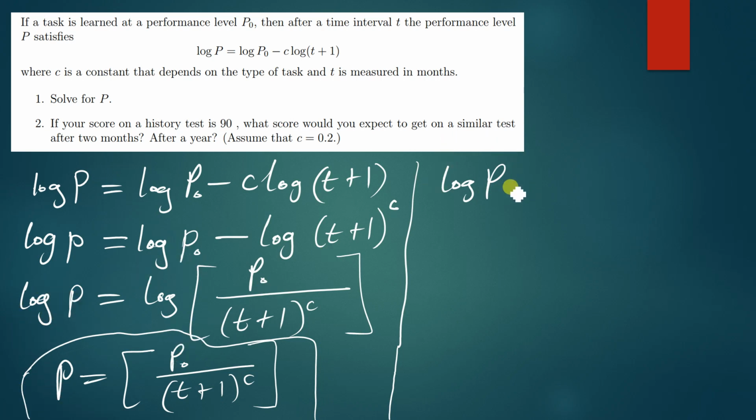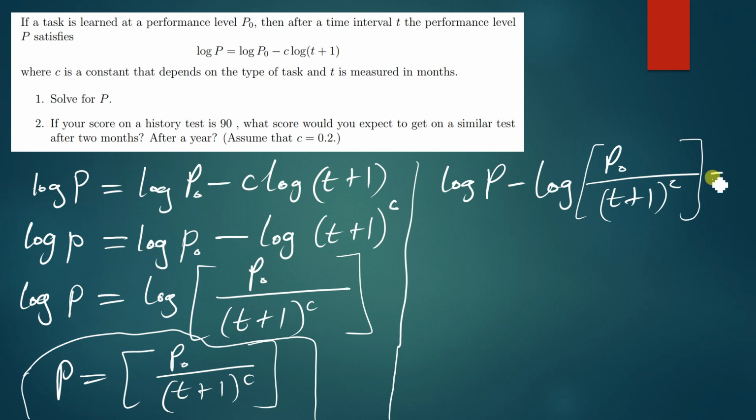So we are saying log P minus log P0 over (T plus 1) to the power C. This will be equal to 0 because we have taken this part to the other side of the equal sign.